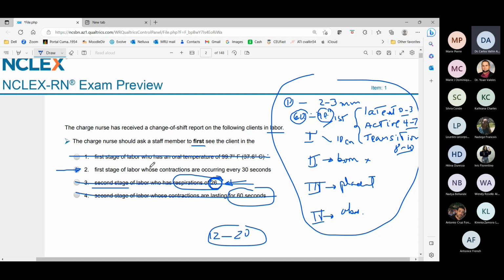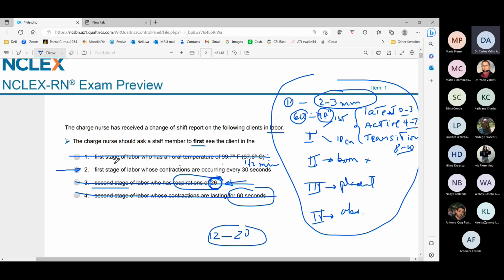Why? Because the contractions are coming every half a minute. So 30 seconds is half a minute. And we said that the most frequent that is acceptable is one contraction every 2 minutes.